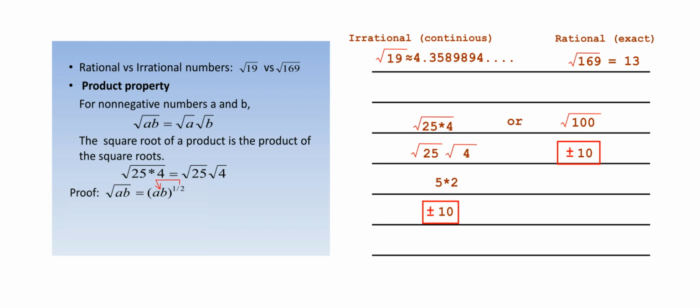Distributing the exponent to the a would therefore give us a to the power of 1/2, and distributing to the b gives us b to the 1/2. And notice, anything to the power of 1/2 is equivalent to saying square root. So likewise, we can call it the square root of a times the square root of b. And there it is. We've technically shown a proof that this works.